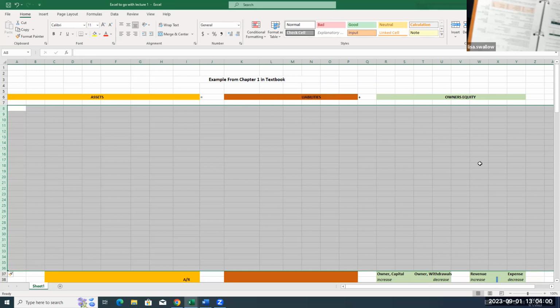Do they make equity get bigger or smaller? Try and pull that out of your head from what we did on Wednesday. If you have to look at your notes, that's okay. But I want you to make your own tool, which is the accounting equation that we're going to work on.